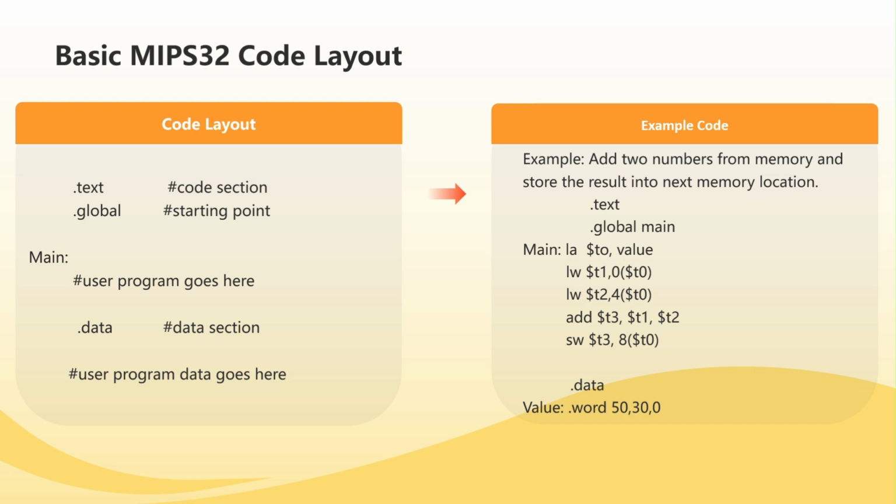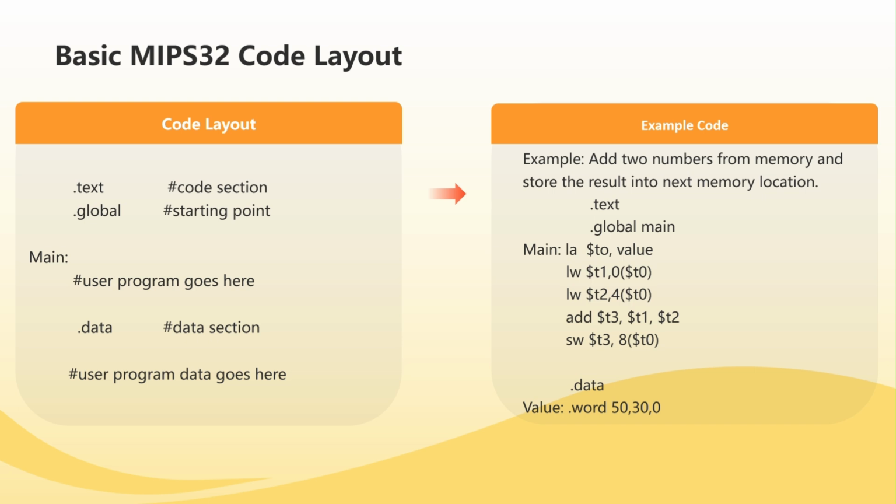Specifically, it loads the first word from value into $t1. Similarly, the next instruction loads into $t2, and then there is add $t3, $t1, $t2. This adds the values in $t1 and $t2 and stores the result in $t3.